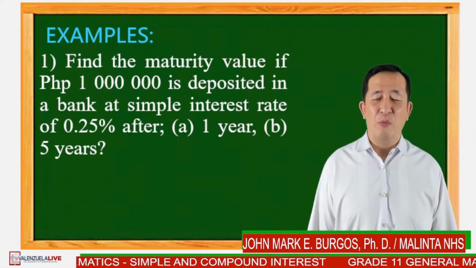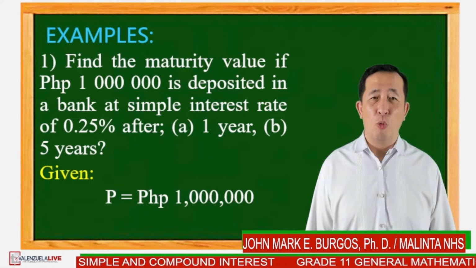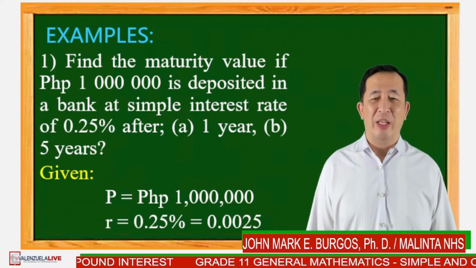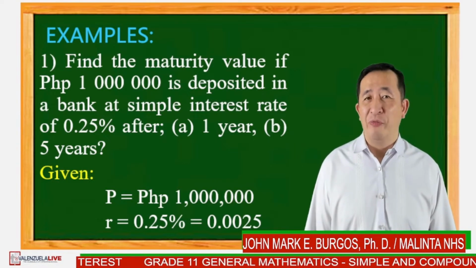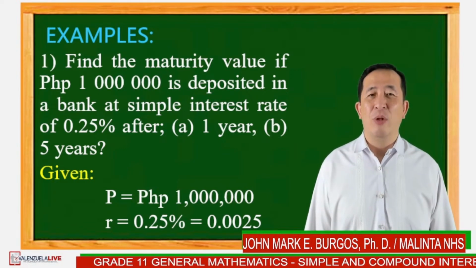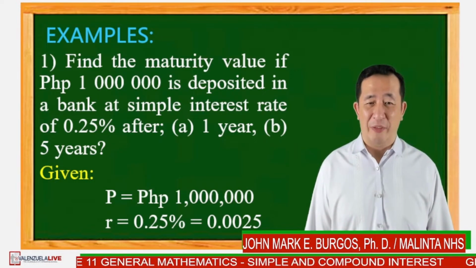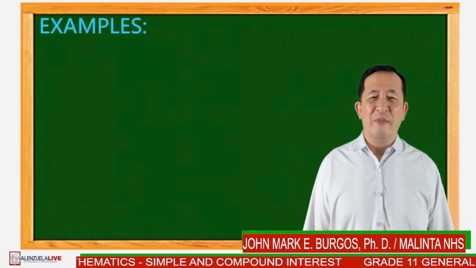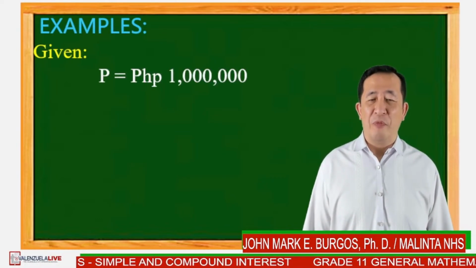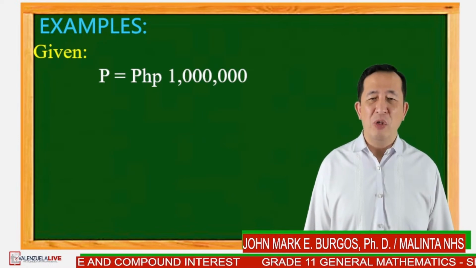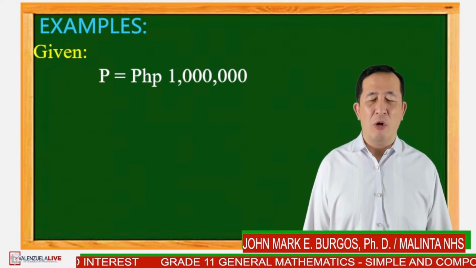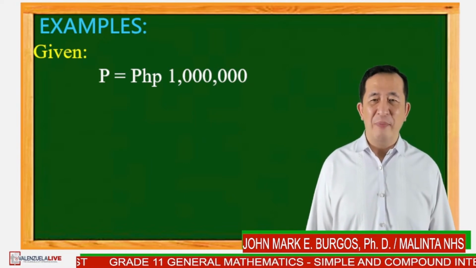So the given will be P is equal to 1 million pesos and R is equal to 0.25%, or converting that into decimal, it will be 0.0025. To compute for the value, we have to find the maturity value or future value after 1 year, and secondly, maturity or future value after 5 years.